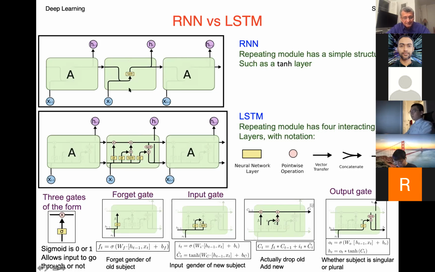This module in the middle, instead of having the simple tanh, has a little bit more mechanism going on here. It has this X coming in, and there's a sigmoid here and a sigmoid here and a sigmoid here. All that a sigmoid does is convert it into a value between 0 and 1. What is the input to this sigmoid?